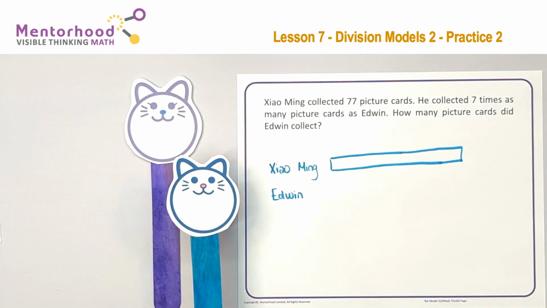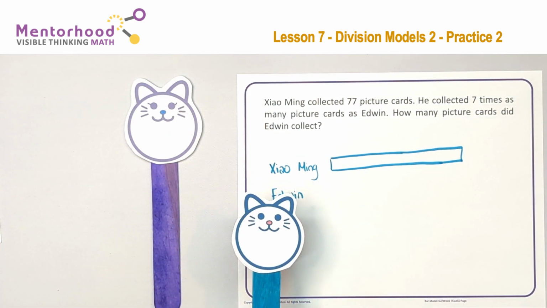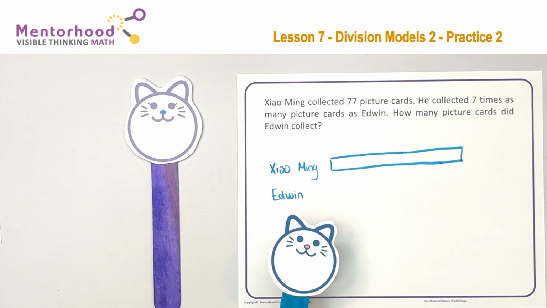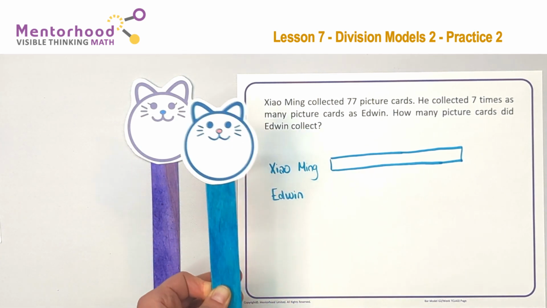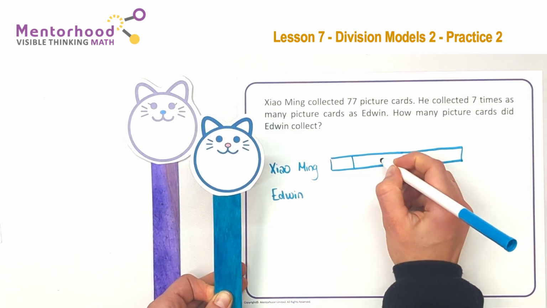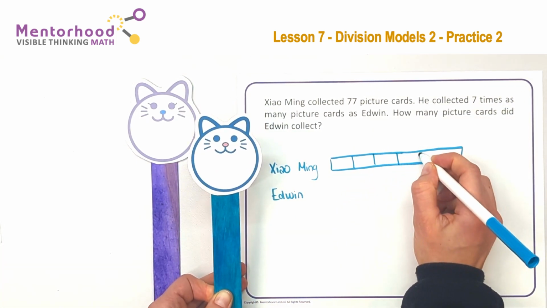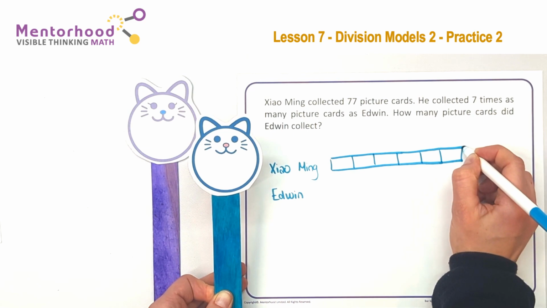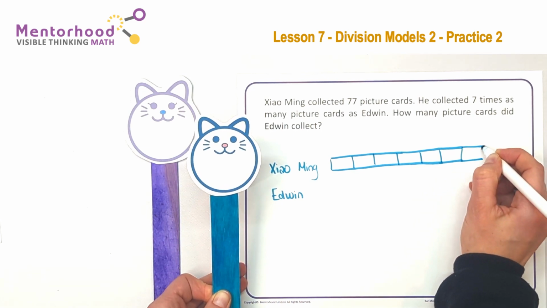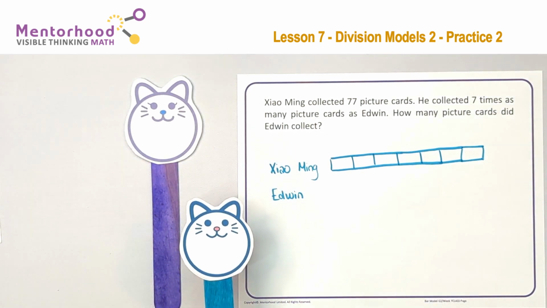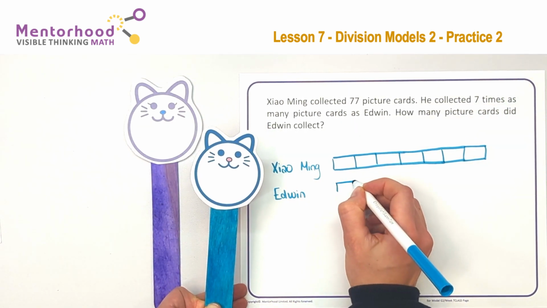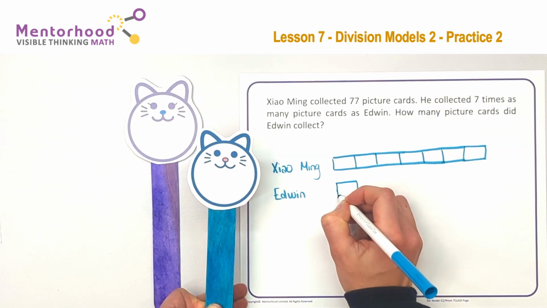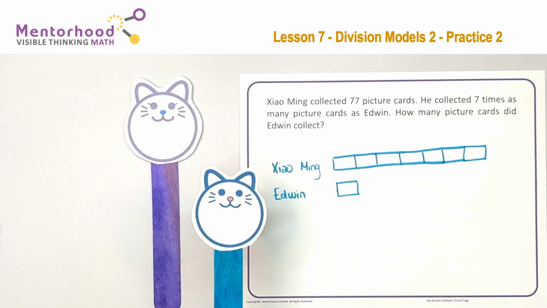Now, if I take Zhao Ming's box and I split it into 7 boxes, each one of those should be the same size as Edwin's box. There we go. We've got 7 boxes. And Edwin will be right here.